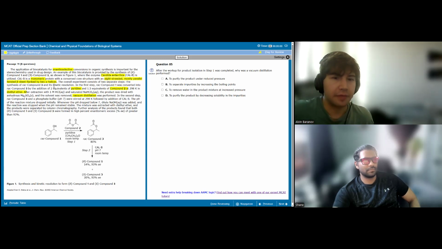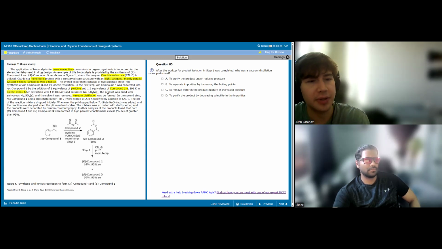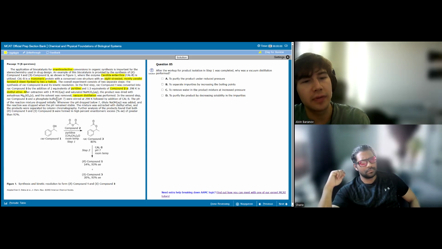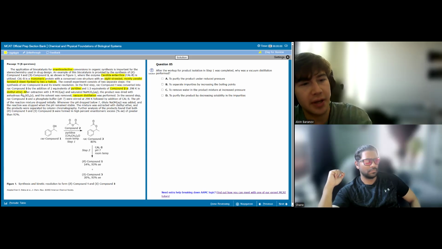In the first step, Rac compound 1 was converted into Rac compound 3 by the addition of two equivalents of pyridine, so I know that's a base, and 1.5 equivalents of compound 2 at 298 K in diethyl ether, which is a nonpolar solvent.